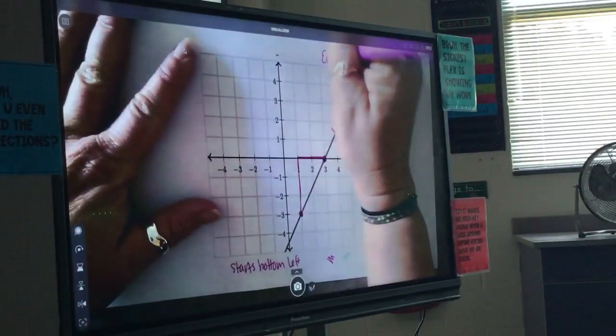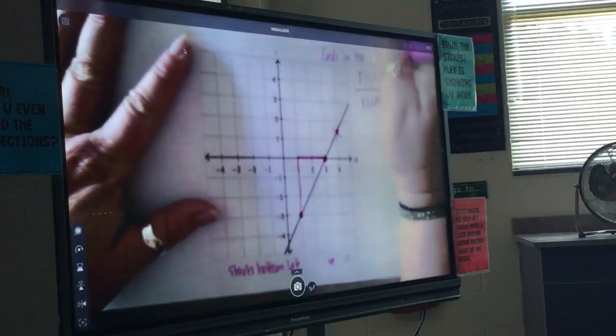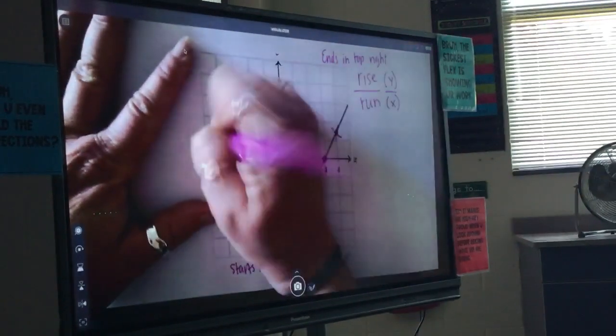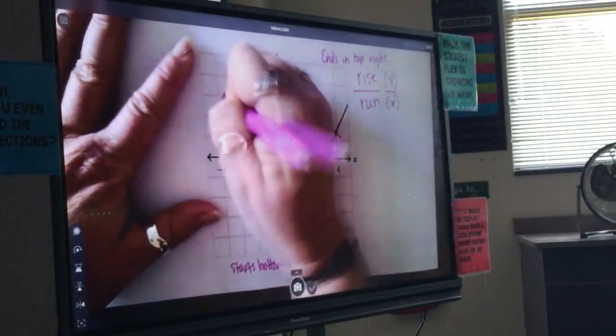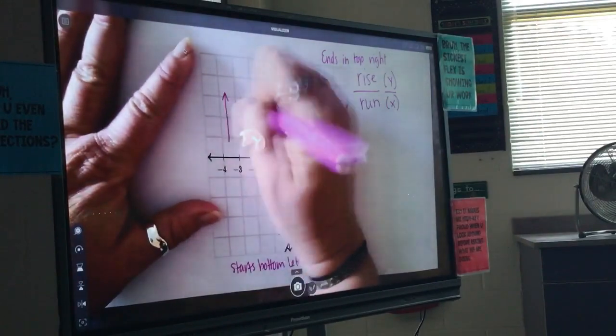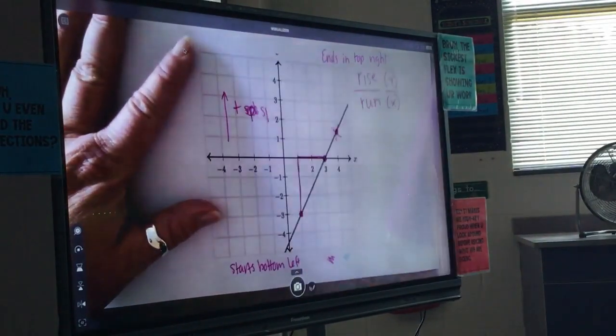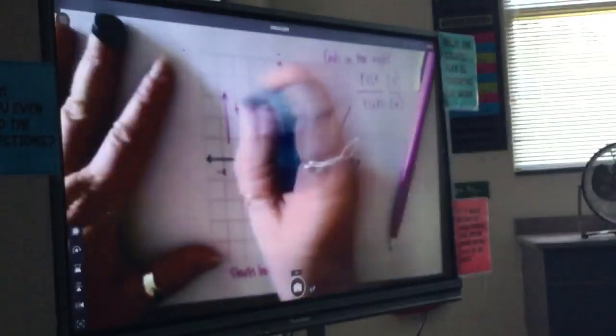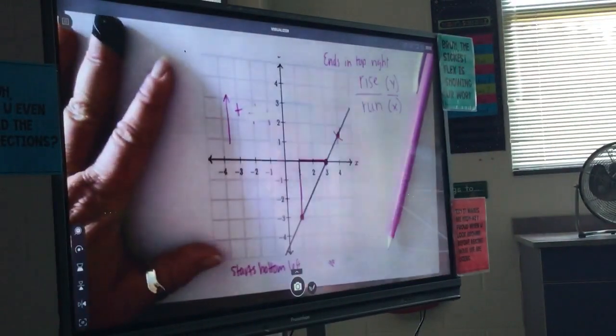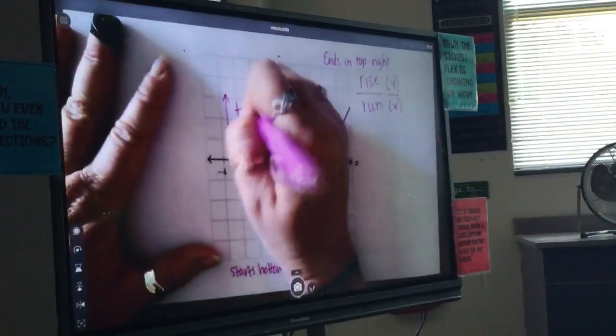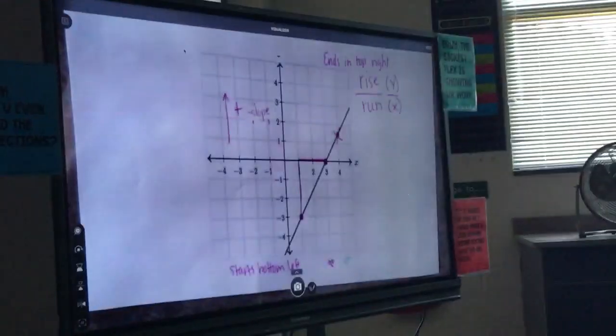And then it ends in top right. So it is going up, which means it is a positive slope. I can't even spell. Slope, good Lord. This means it is a positive slope because it is going up.